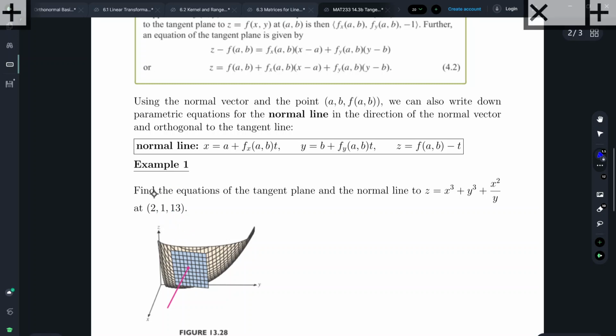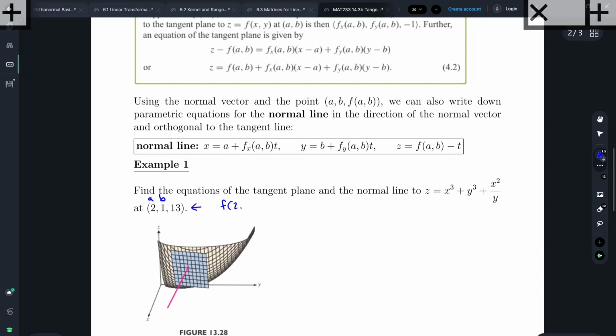So the coordinates a and b in the formula are exactly 2 and 1, and also the z coordinate here, 13, is the z coordinate of this point, right? So in the formula, it's calculated using the original function. If you take a and b and plug it into the function here, you'll see that it's exactly equal to 13. So that's already been calculated for us.